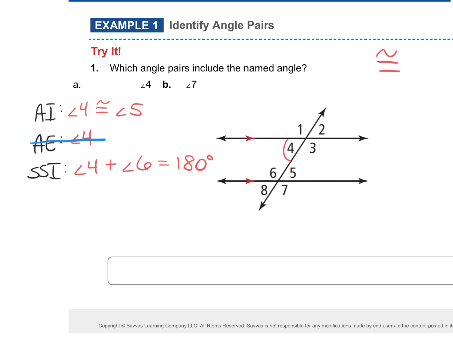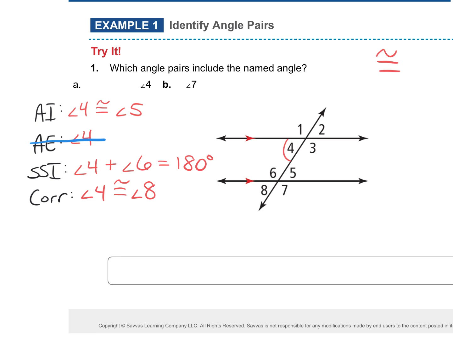What's another angle pair relationship? Corresponding. What is corresponding to angle 4? Remember, one's inside, one's outside. 8. It is 8. Yep. What do we know about corresponding angles? They're the same, so they're congruent.